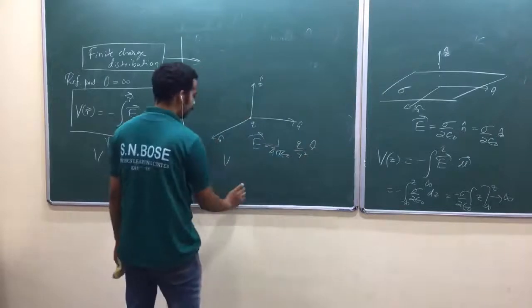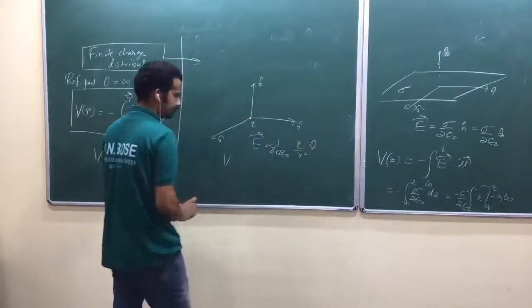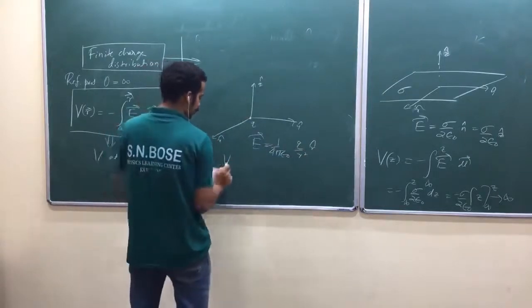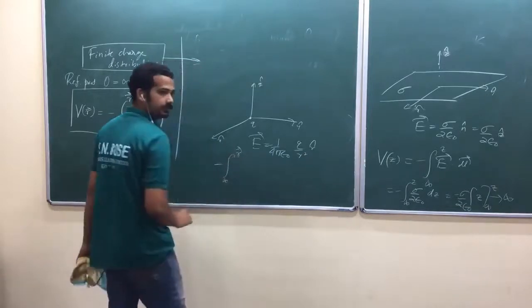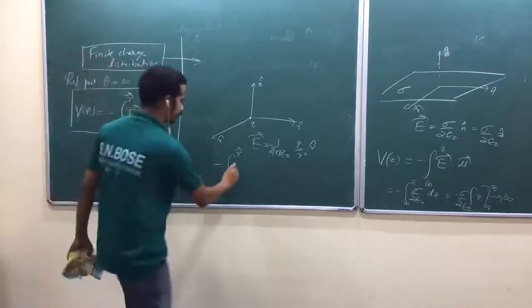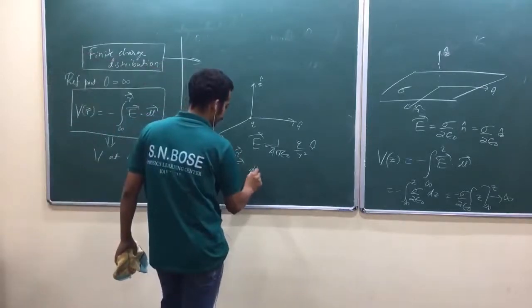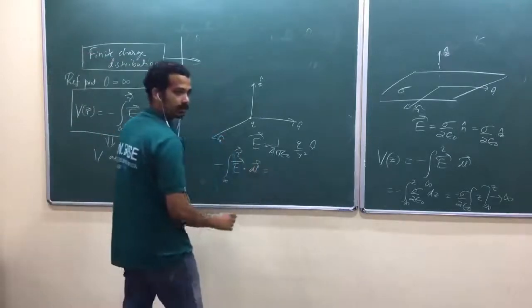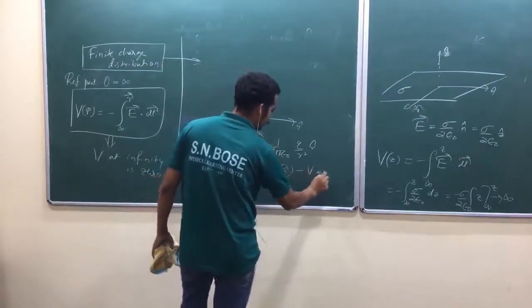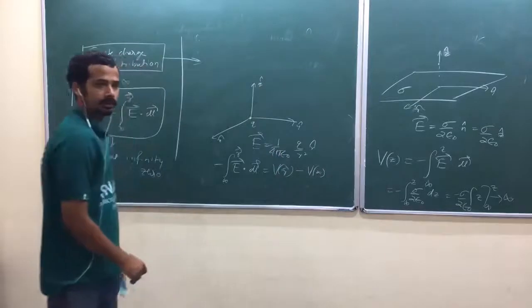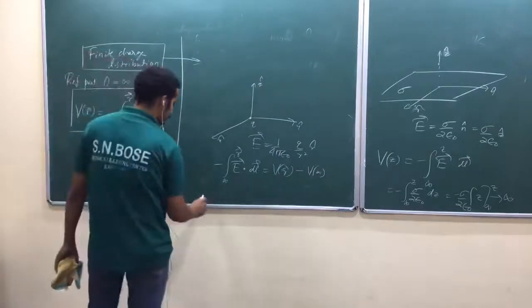Then I found V at r, let me just find this one, infinity to r E bar dot dl bar. Is that okay? I can write this one as V at r minus V at infinity. Am I right?